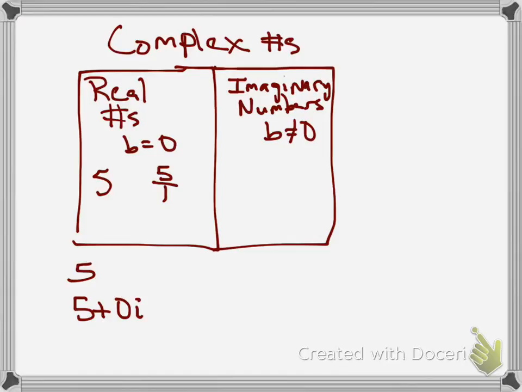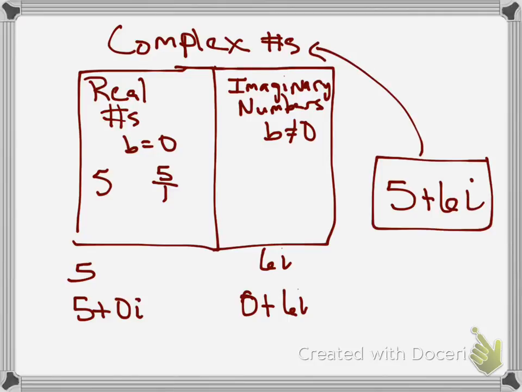I'm going to rewrite 5 as a complex number. And I could do an imaginary number like 6i, and that would be as a complex number 0 plus 6i, because that would be with no real number. Now if I put those two together, 5 plus 6i, I have a complex number.